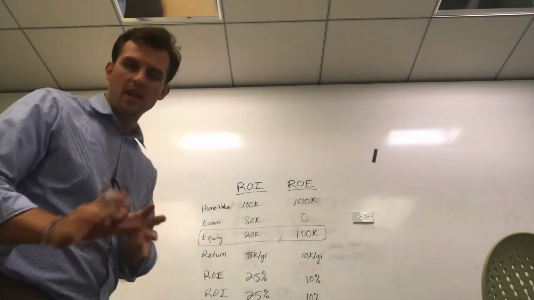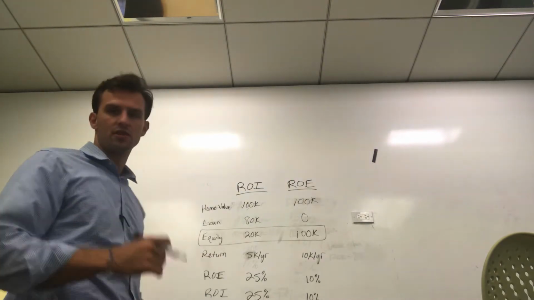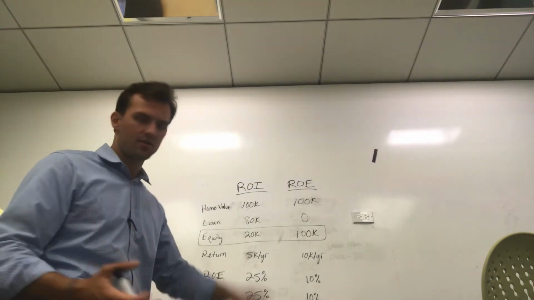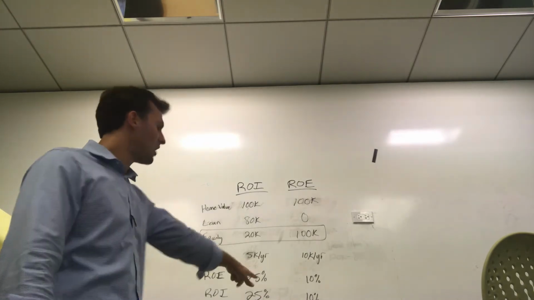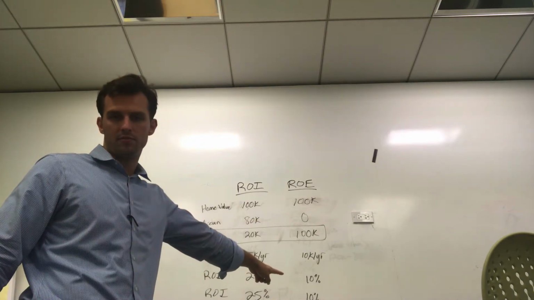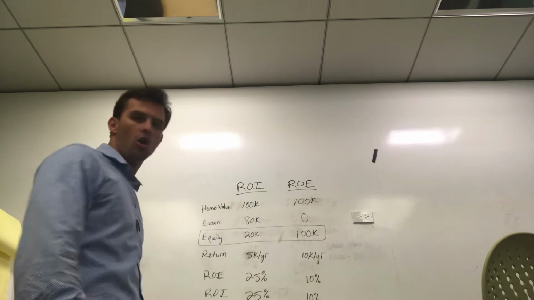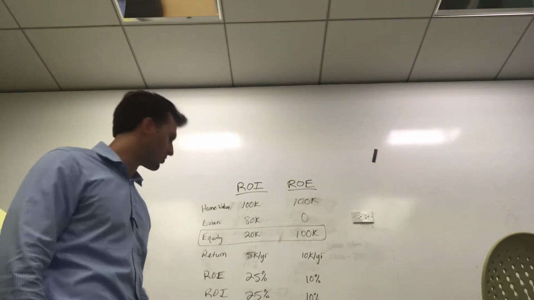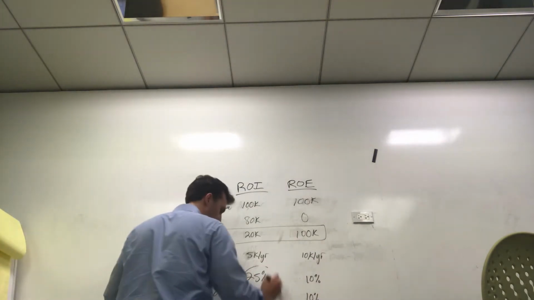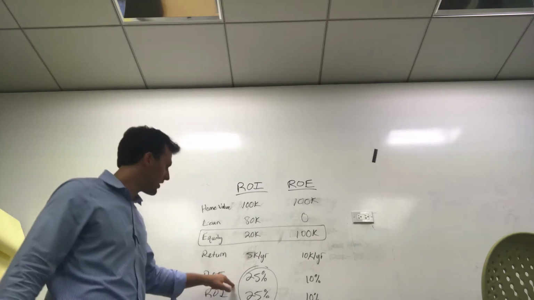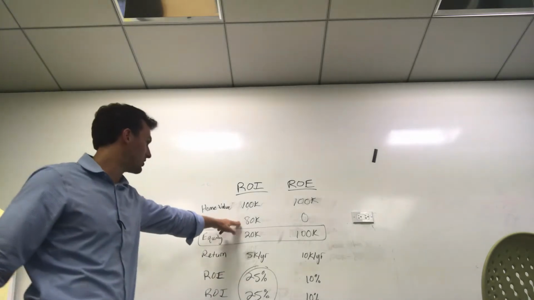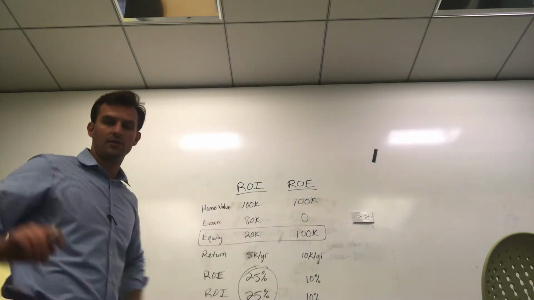If you guys are going to make an investment in real estate and deal with the time and the tenants and the hassles of things, why would you want to make an average return? Somebody tell me that. Why would you ever want to make an average return? You want above average returns. And if you need above average return, you're going to have to use leverage. You're going to have to take out a loan.